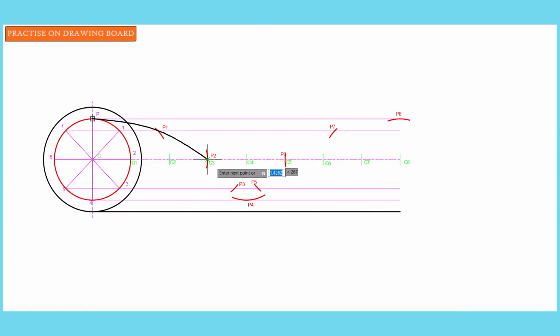Okay, so now with your French curves and your pencil, you can connect through the points as shown.